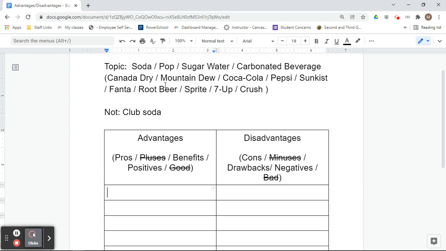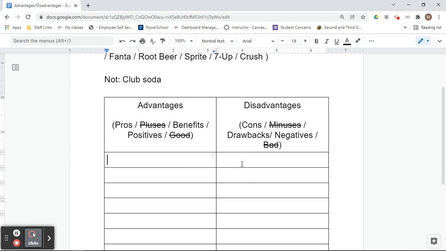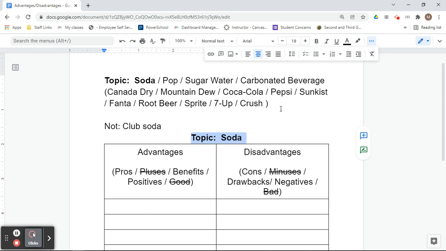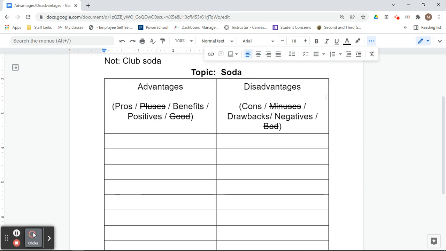Thinking about our main topic of soda, what would we want to consider as far as the advantages of soda? When we're talking about our topic, we can go back and forth, or we can just focus on one side first, the left side, and think about all the advantages of our topic.